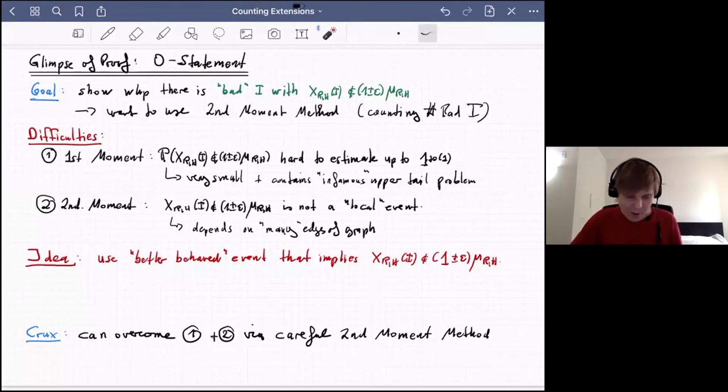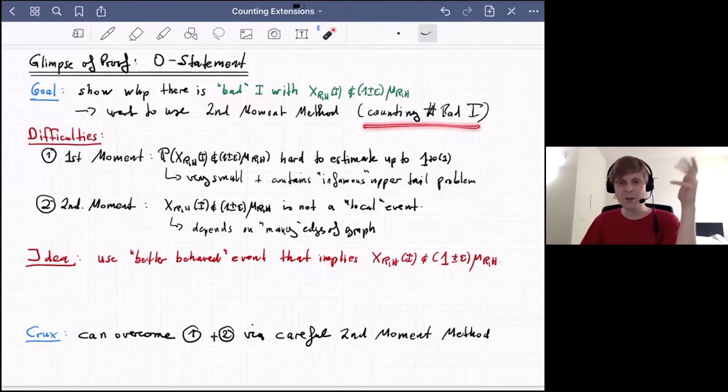Okay, so how do we overcome it in this particular case? So the idea here is that our goal is just to show that there's one such bad root. There's one vertex which has the wrong number of triangle counts. But we have the freedom of deciding how we want to prove that. Nobody forces us to just count the number of bad i's. We can do whatever we want as long as what we show implies that.